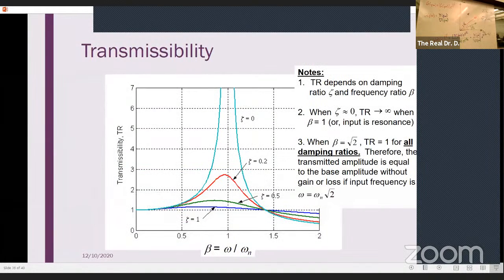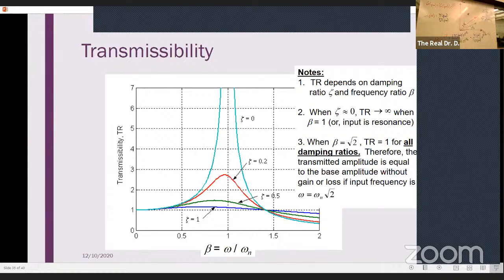Where beta is increasing on the x-axis and my transmissibility is given on the y-axis, and each of these curves has varying zeta, a different damping ratio, right? And what are the things that we want to take away from this curve? First of all, beta equal to √2 is the magic number.